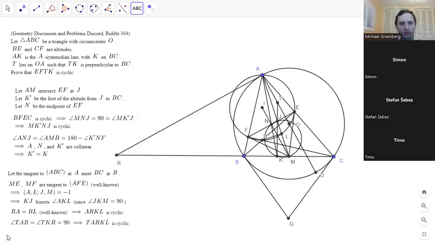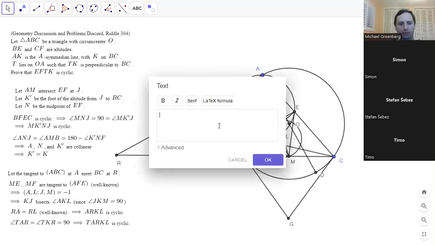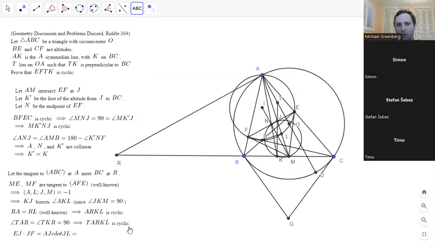Because now we know that EJ times JF equals AJ times JL, and AJ times JL is TJ times JK.